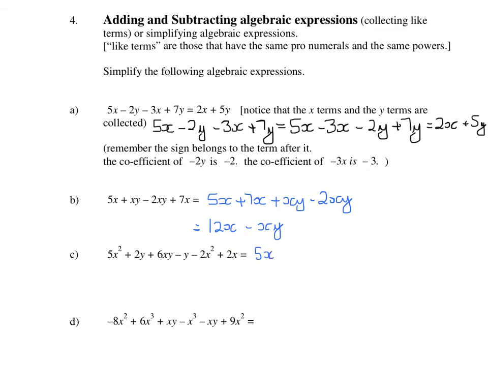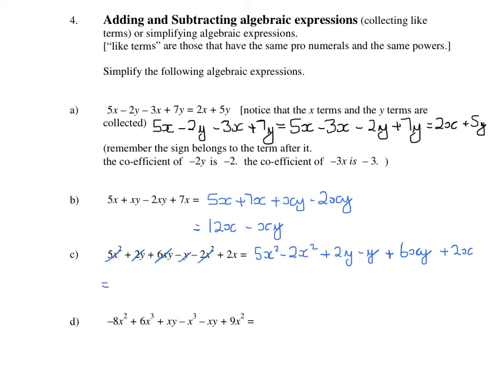So we've got 5x squared minus 2x squared. We've got rid of those two. Then gathering up the other like terms, which were the y terms, plus 2y minus y. So we've got rid of that one and that one. And we're left with plus 6xy. Notice there are no other xy terms. And plus 2x. There's also no other x terms.